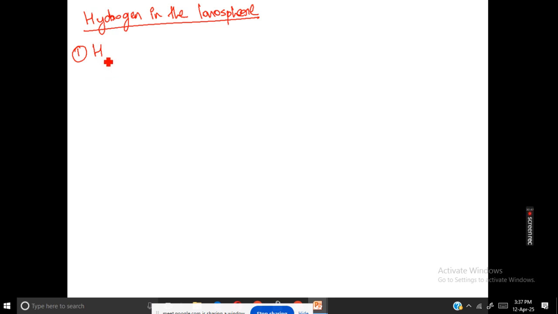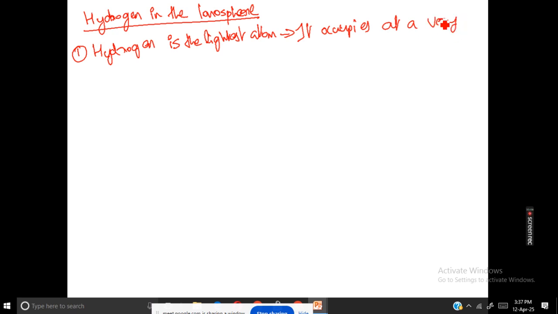So because it is the lightest atom, it occurs at a very high altitude in the atmosphere.